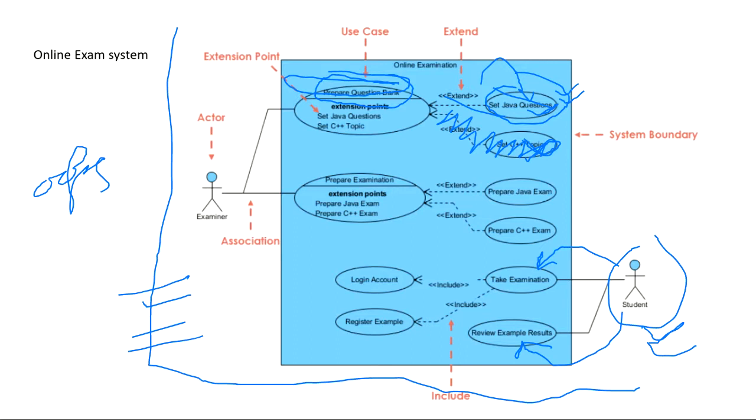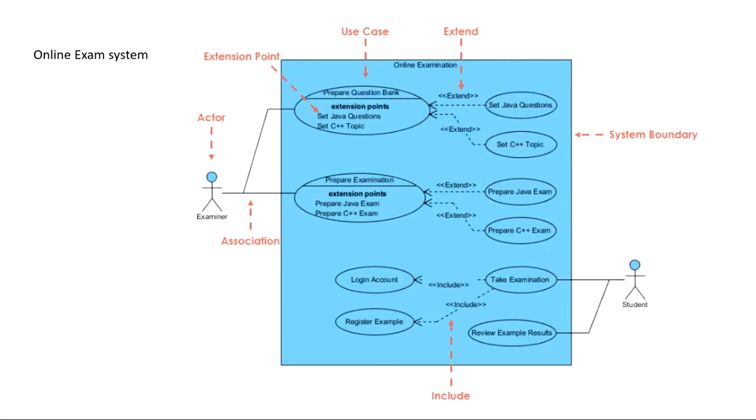First, if he is trying to create this question bank, he may include some Java questions, he may include some, say, logical reasoning or C++ questions also. It's up to him what he wants to include. So you have to get the essence of the question, what it's trying to say. And if you just have to draw the online examination system, then it's up to you what you want to use, how you want to use.